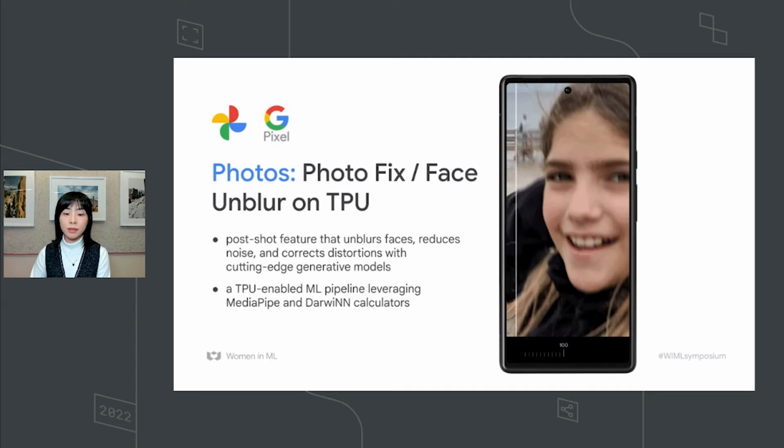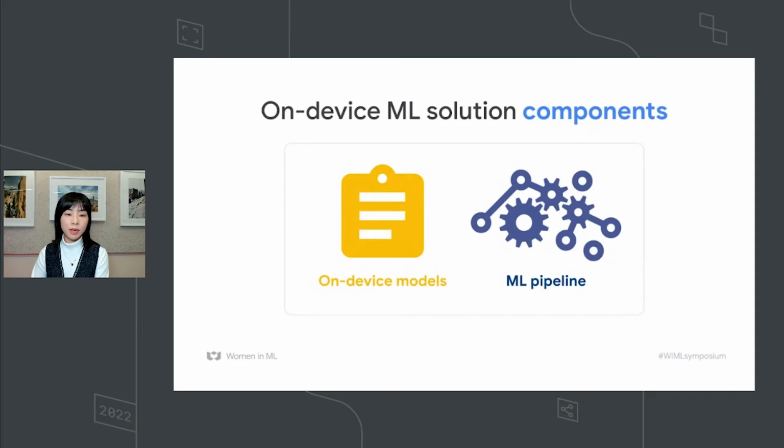As you can see in these examples, on-device ML is very useful. However, creating and productionizing on-device ML solutions has not been easy. At a high level, a production-grade ML solution requires on-device models and an ML pipeline.